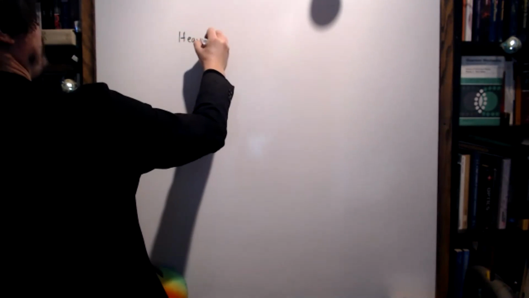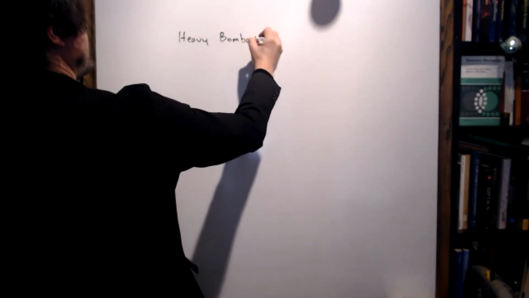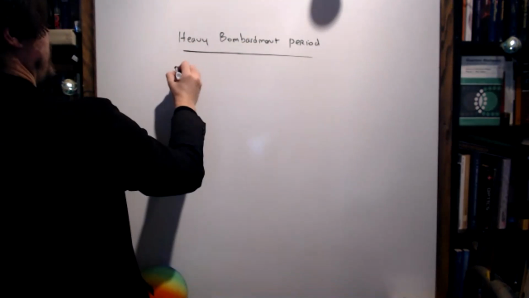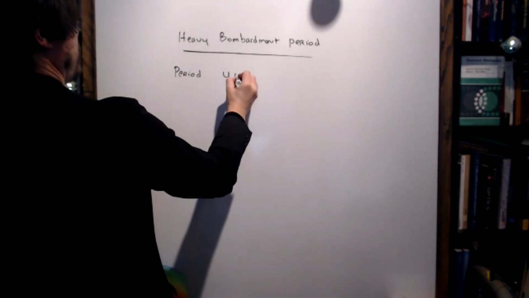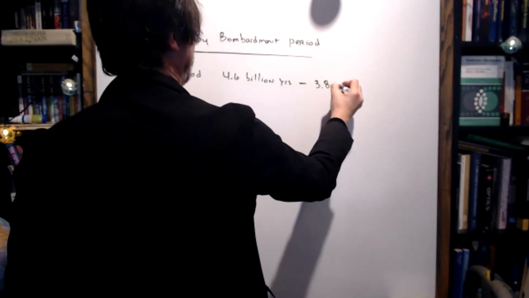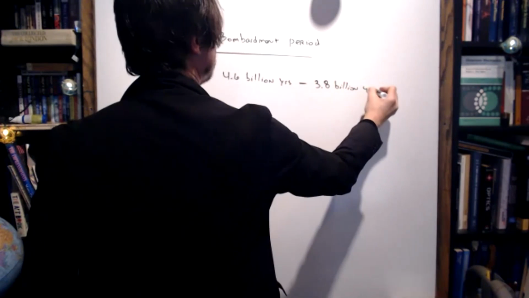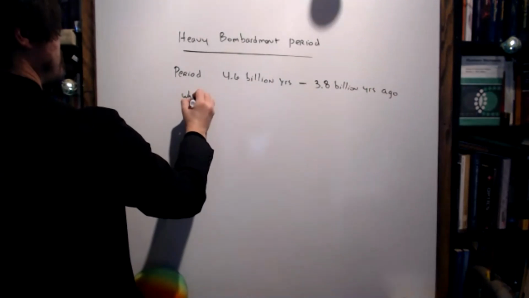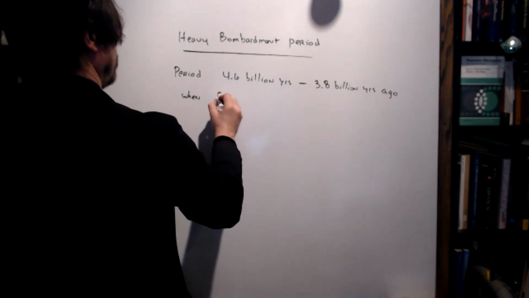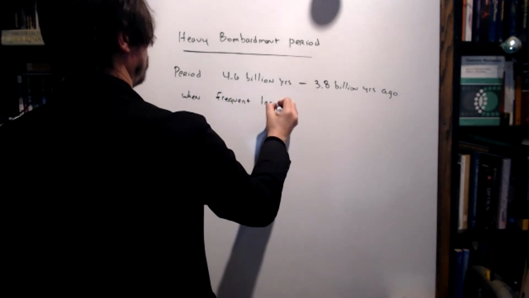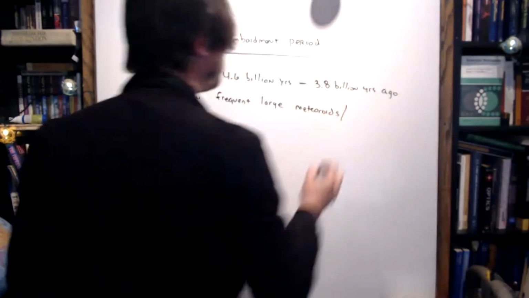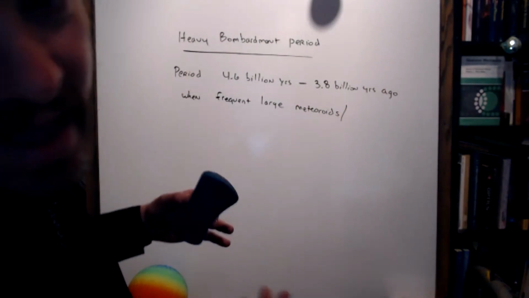So the heavy bombardment period was a period that went from 4.6 billion years to 3.8 billion years ago, when frequent large, we could call them meteoroids, but sometimes they're so big, Wikipedia calls them asteroids.